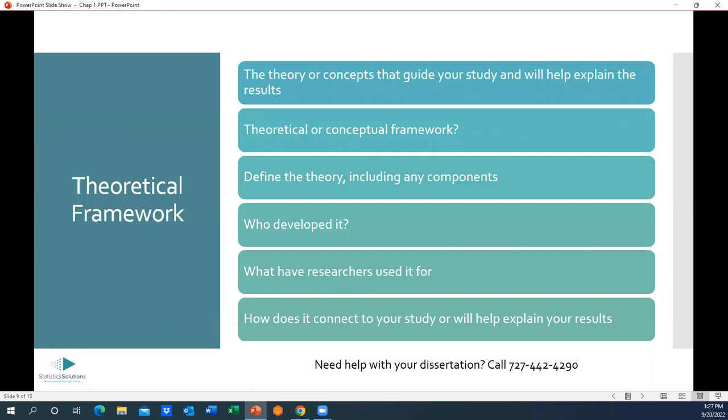Let's go into what a theoretical framework is, and then the difference between theoretical and conceptual. A theoretical framework is something the researcher builds or puts together. It helps guide the study, and it helps explain results at the end.